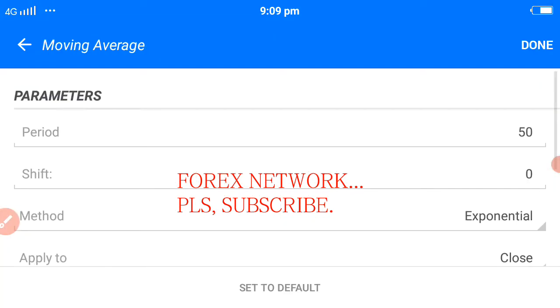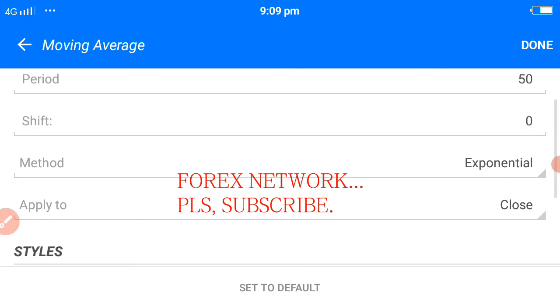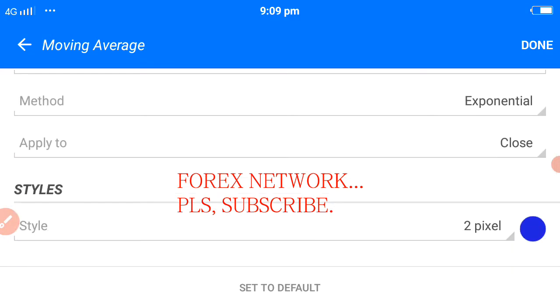Then the second one is the 50 period, the shift is 0, the method here is exponential, you still apply it to close, the style is still 2 pixels, and the color here is blue. The color can change if you wish, but I advise you use the same as mine so you understand it better.